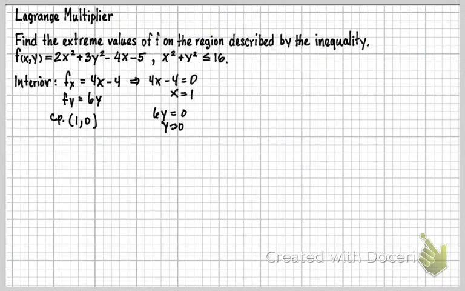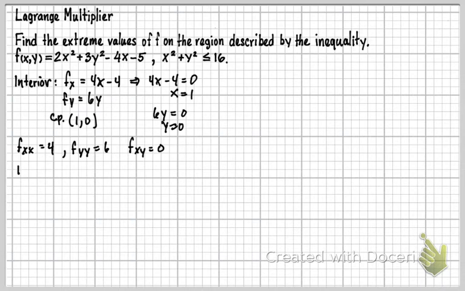So we need the second derivatives now. For fxx, I take the derivative of 4x minus 4 with respect to x, and that's just 4. For fyy, I take fy and take the derivative with respect to y, and that's 6. For fxy, I take the derivative of 4x minus 4 with respect to y, and that will be 0.